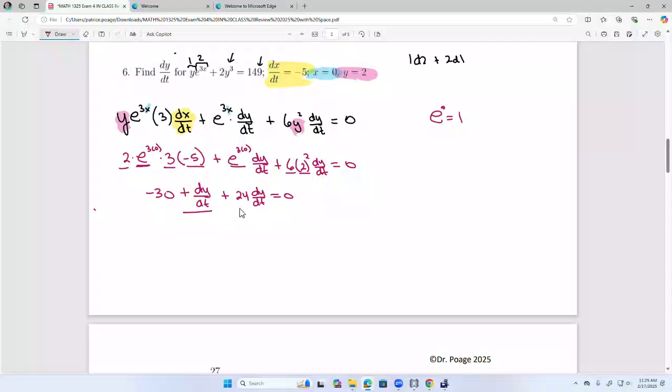So if I add 1 dy/dt plus 24 dy/dt, I get 25 dy/dt. And then I can add this 30 to the other side. Divide both sides by 25, and I can take a 5 out of both of those, and so I get dy/dt equals 6/5.